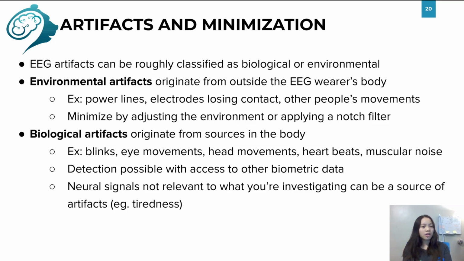Sometimes neural signals that are not relevant to the phenomenon you're investigating can also be considered a source of artifacts. For instance, participants who are tired will often show large alpha wave spikes, which you might want to remove if you're not interested in looking at that effect.